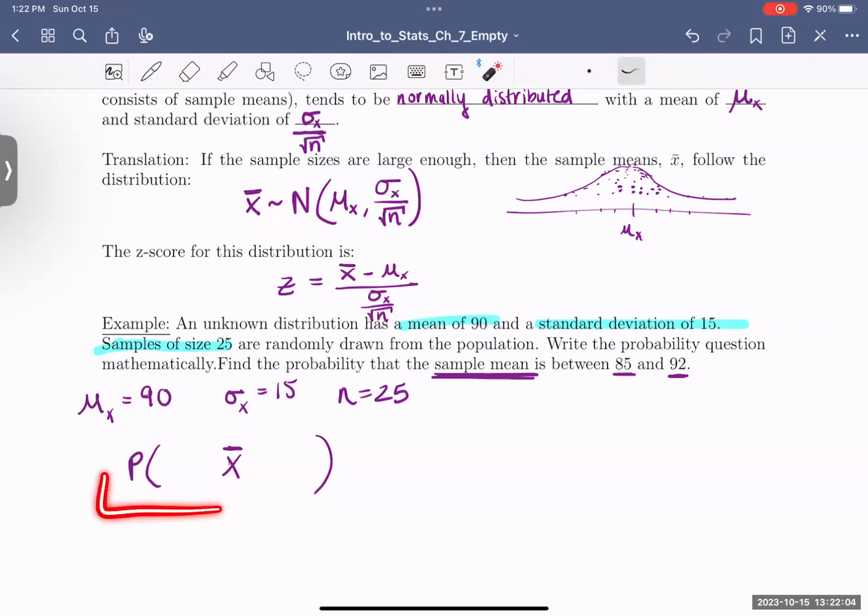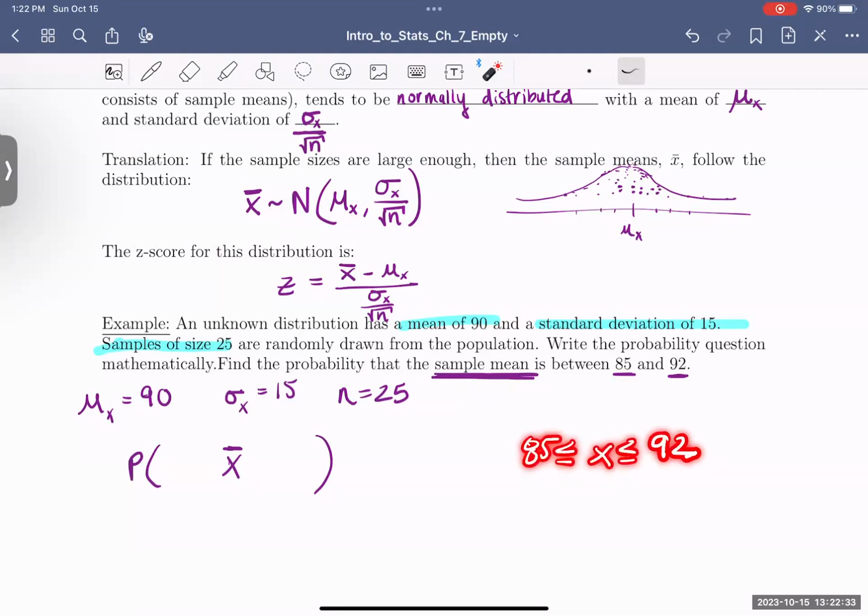So in my probability statement, the probability question mathematically, which I'm trying to stress so much, I'm asking you for these on assessments. You need to know how to write these. We want an X bar if I'm looking for the probability that the sample mean. If it was the probability that a randomly selected person, an individual, was between 85 and 92, that would be a regular X between 85 and 92.